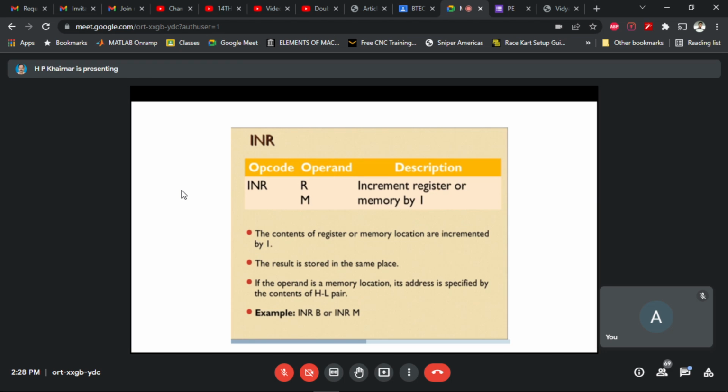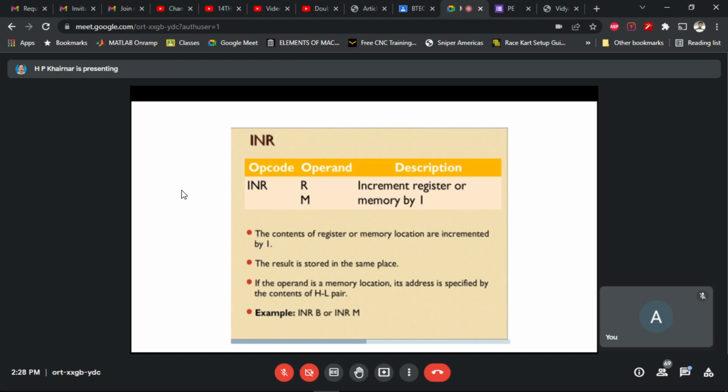Suppose you are using the instruction INR B, then it means you want to increment the content of register B. It will get incremented by 1. If you are using INR M, then what does INR M mean?